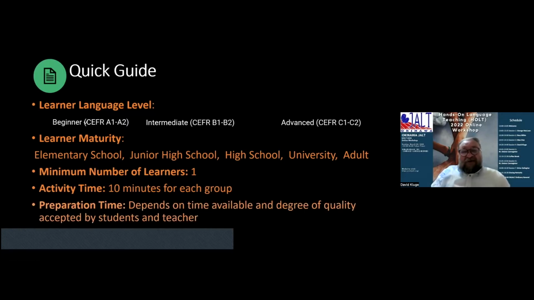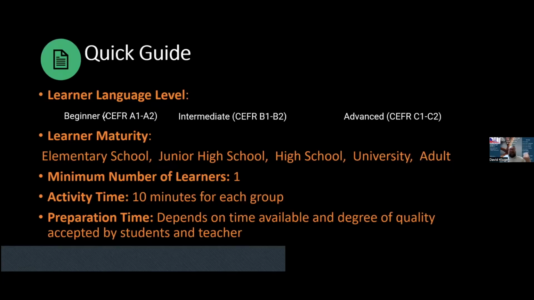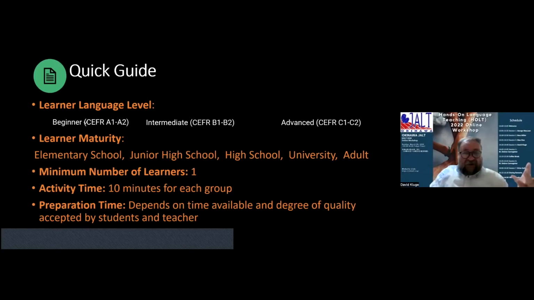Preparation time depends on the time available and the degree of quality accepted by the students and teacher. Because as you know, for a good performance, there's never enough time to get it perfectly right. So you just have to say, this is good enough for this project. And preparation, you just need to select a song for its lyrics.